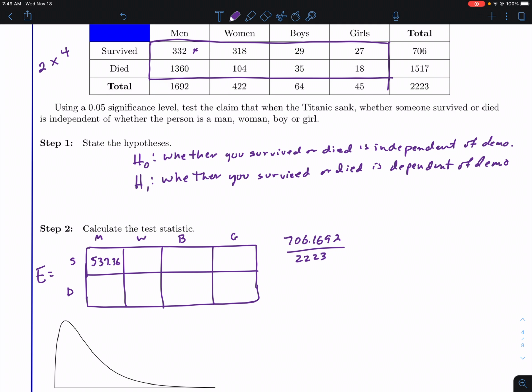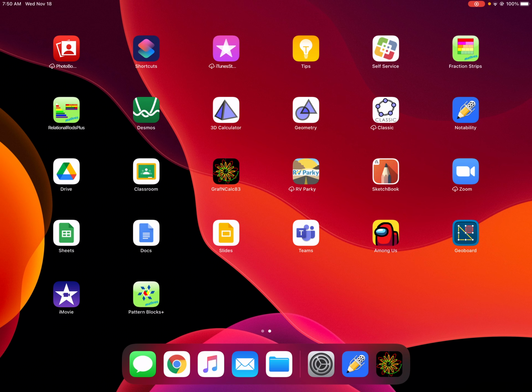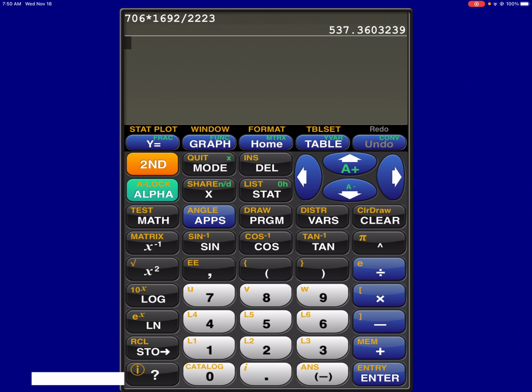So then for the women position, we want to take the 422 times the 706, all divided by the 2223. So 422 times 706 all divided by 2223. All right, so now that I've got this first one in there, I can cheat a little bit.